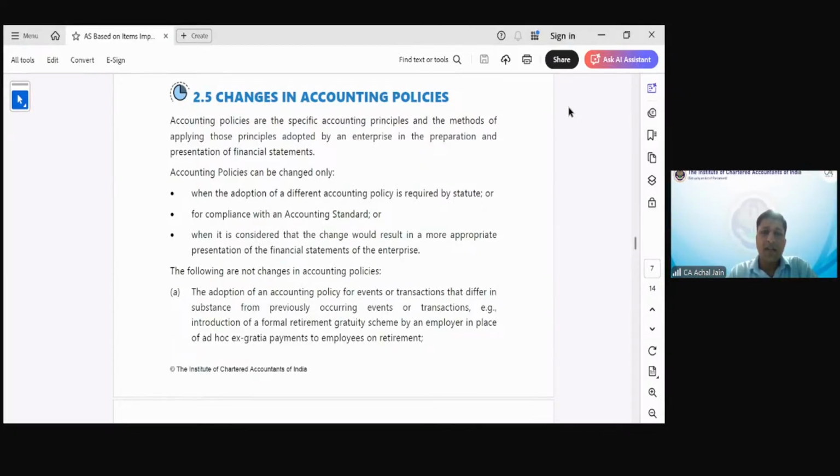Rohan is asking, sir, both are gratuity only, isn't it? So Rohan, you're right that both are kind of gratuity only, but the schemes are different.